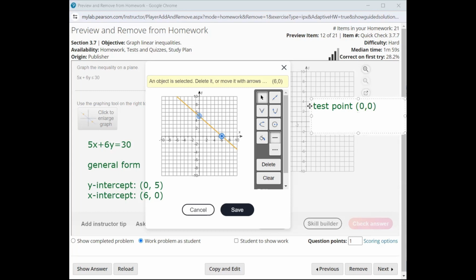Okay. In the inequality, we have 5x plus 6y. When we substitute 0 comma 0, we get 0. Is it less than or equal to 30? Yes, it is a true statement. Therefore, we should shade the area that contains the origin, which is the left half plane.